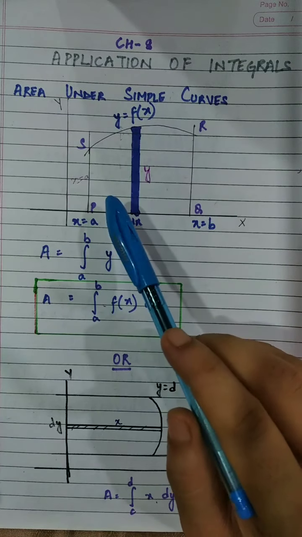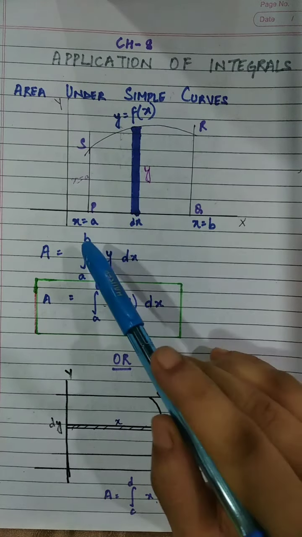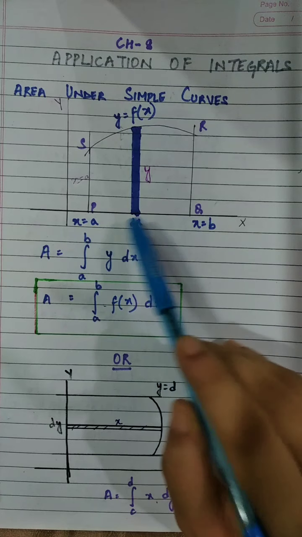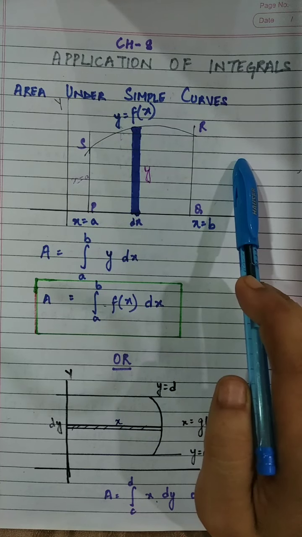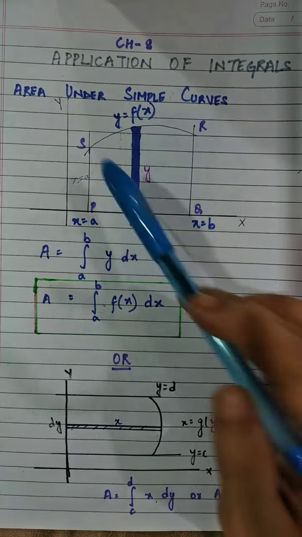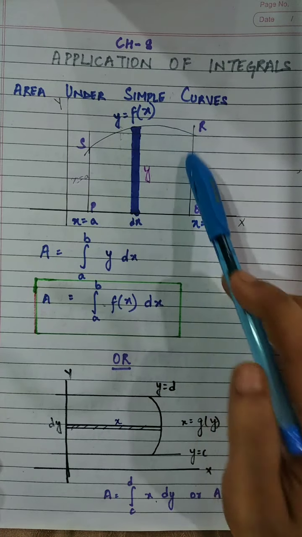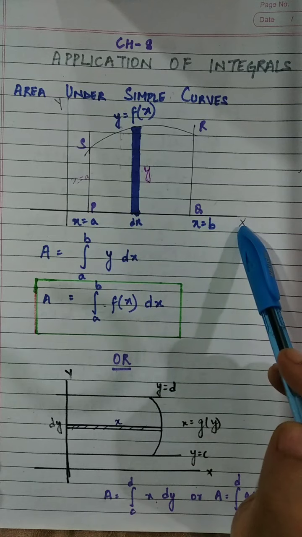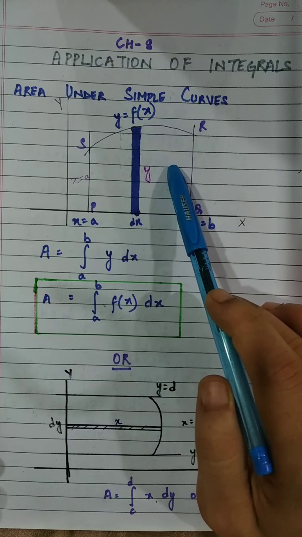Now if I have to find out the area under this given curve from x is equal to a to x is equal to b, this particular curve is an example of a bounded region. This curve has been bounded by three lines, that is x is equal to a, x is equal to b, and the x-axis itself, right? So it's a bounded region and I have to find out the area of this bounded region.